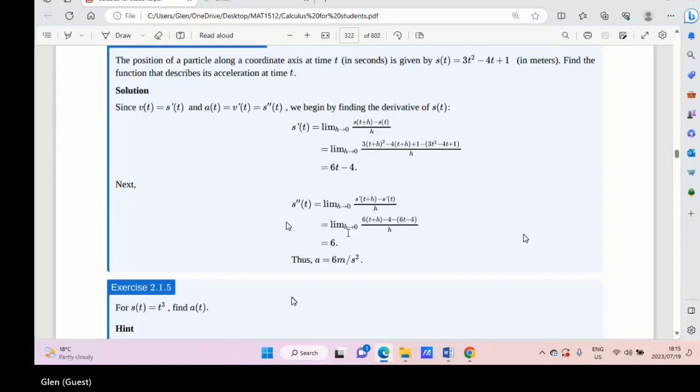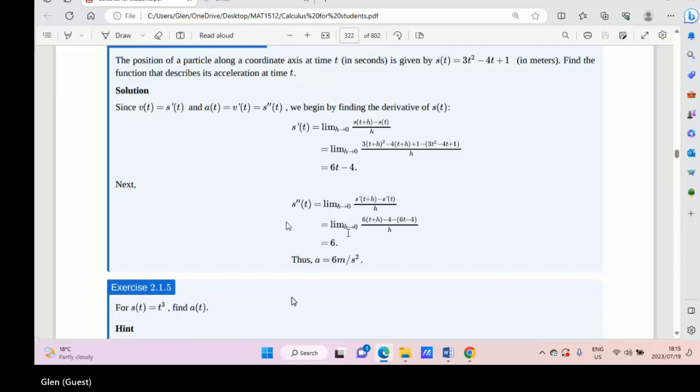And then for the second one, I took 3t squared and plugged it into the first principle. I had 3 open bracket t squared plus 2th plus h squared, minus t squared, over h, which equals the limit as h goes to 0 of t squared plus 6th plus 3h squared minus t squared, over h.